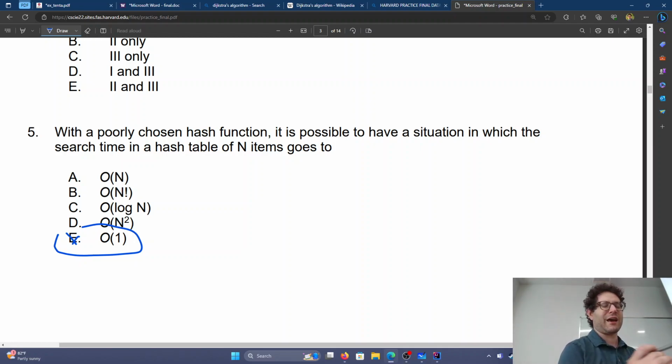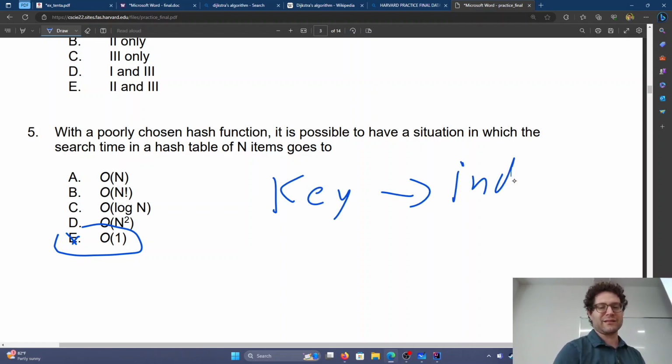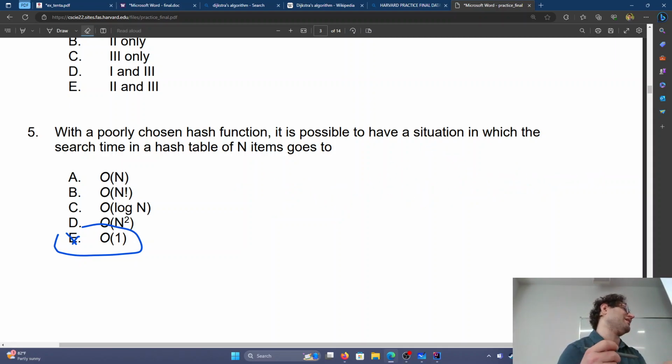All a hash function does is say, given a key, give me an index. I'm simplifying a bit here, but for the purposes of a hash table, it gives you an index. So it's not this, right?